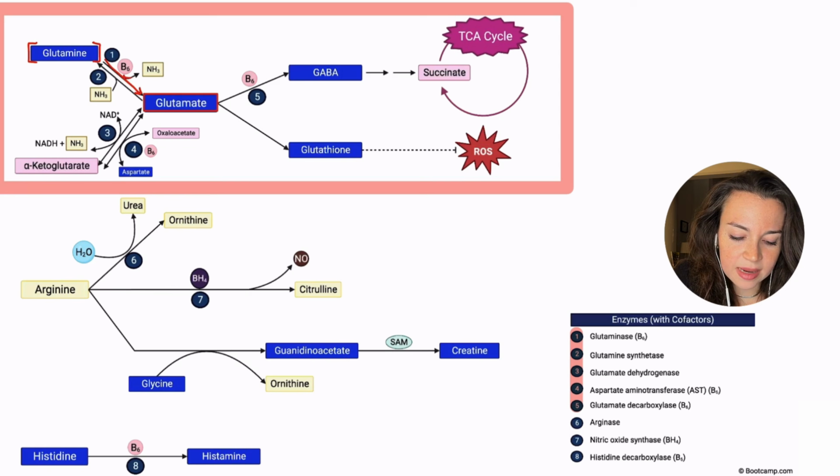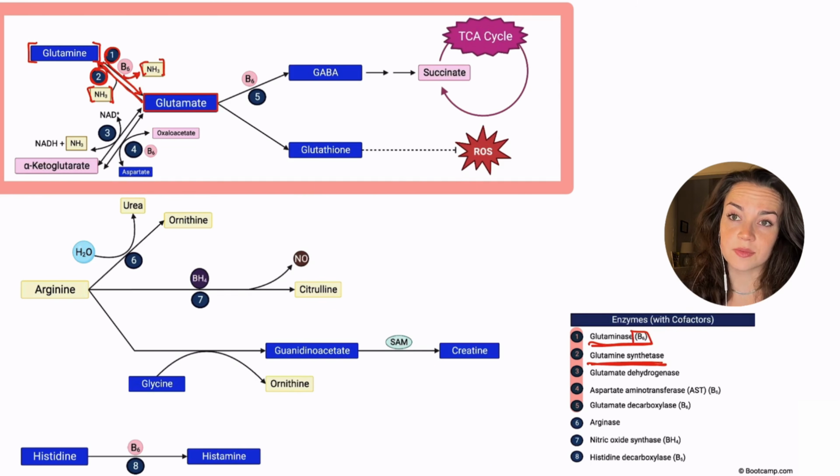So by deaminating that glutamine, removing that amino group via enzyme 1 here, which is called glutaminase, which has a vitamin B6 cofactor, we can make glutamate. We can also run that reaction in reverse and add that amine group back to glutamate to turn it into glutamine via a different enzyme here, enzyme 2, called glutamine synthetase. All right, so glutamine to glutamate is one option for making glutamate.